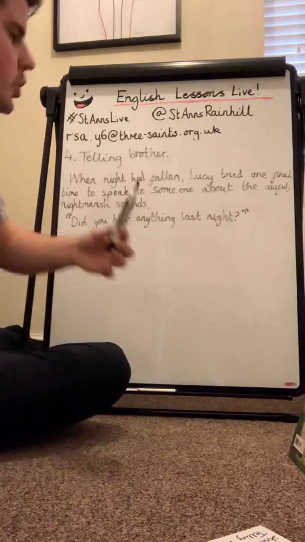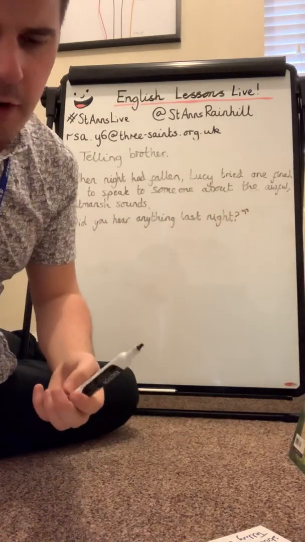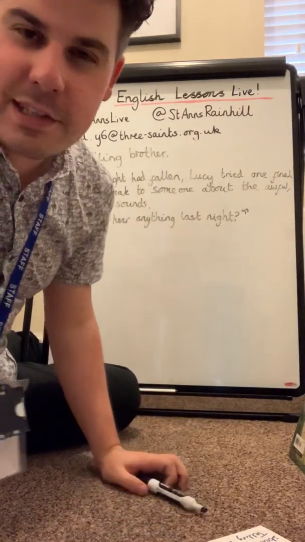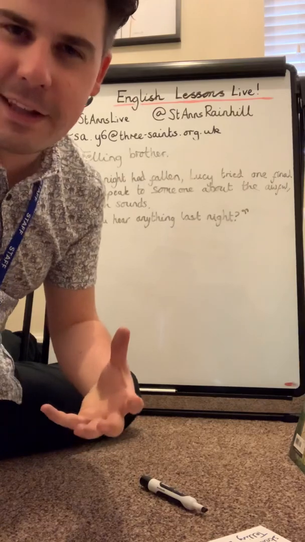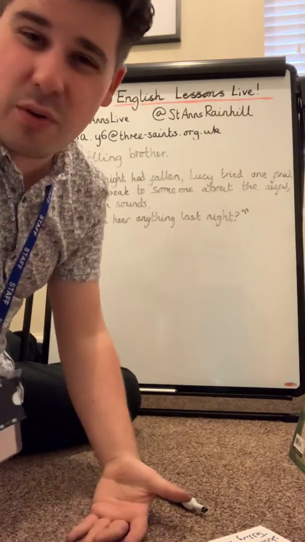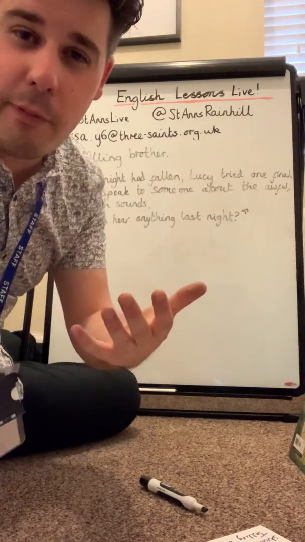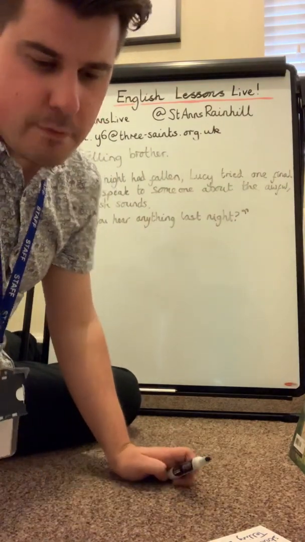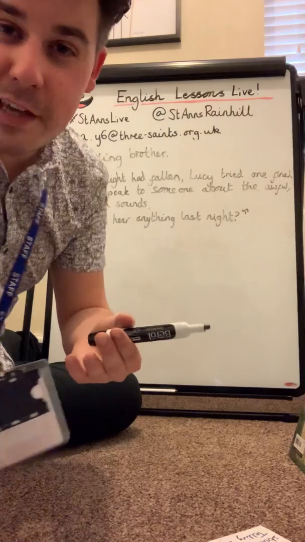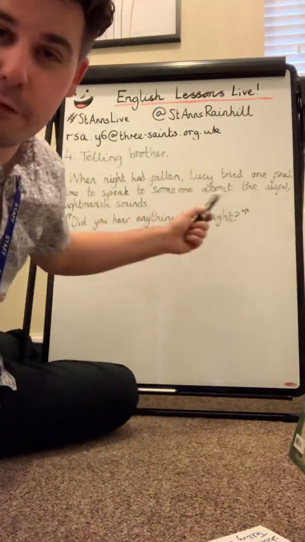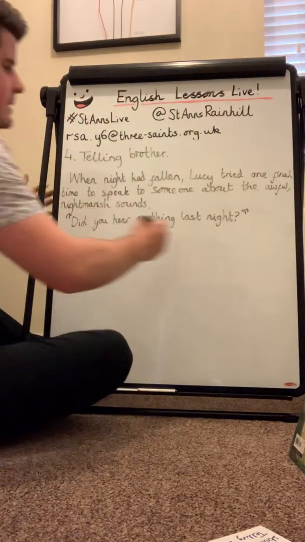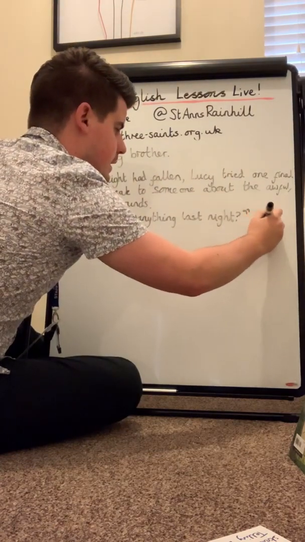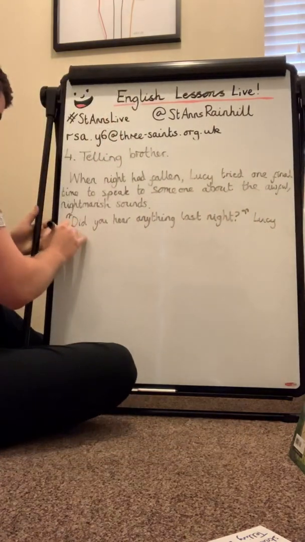And then we need who said what, don't we? I've done Lucy said cautiously and Lucy mumbled. And this time, because it is the final time, I want it to almost feel exhausted, like giving up, almost like she doesn't expect an answer from her brother. I also need to explain that it's a brother she's speaking to because I missed that out from there. So, did you hear anything last night? Lucy asked her brother.